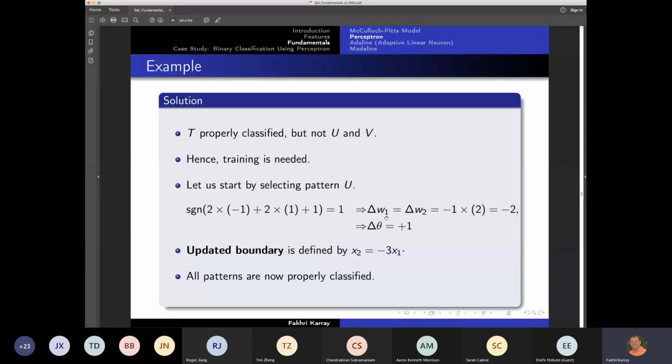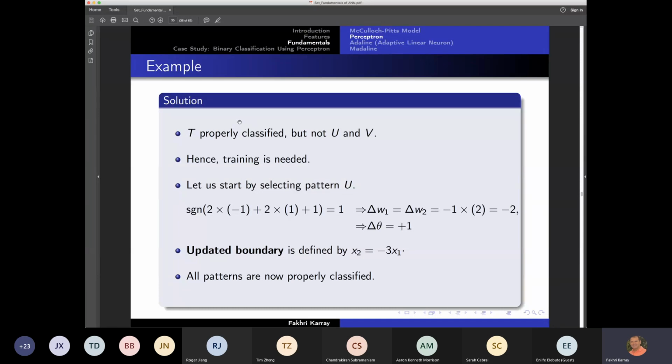So once we implement the value of delta omega 1 equal to -2, we can extract delta omega 1 and delta omega 2. These are the updated values of omega 1 and omega 2 from one stage of the training to the next stage of training. The same thing for delta theta, and the system gives us this updated boundary.